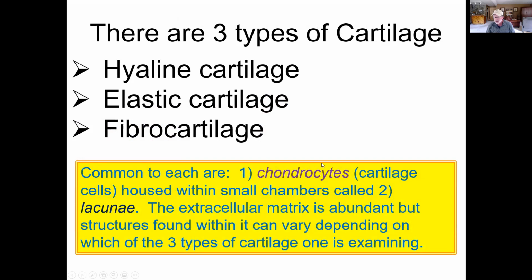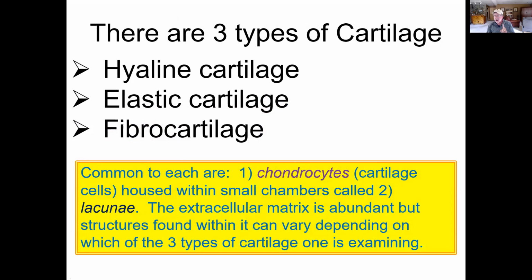And again, cyte means cell. Chondro refers to cartilage. And so these chondrocytes, found in all types of cartilage, are going to be housed in small little chambers, microscopic chambers, called lacunae. That's the plural term. If I was talking about one chamber, I would have to take off the E, and I would use the word lacuna.